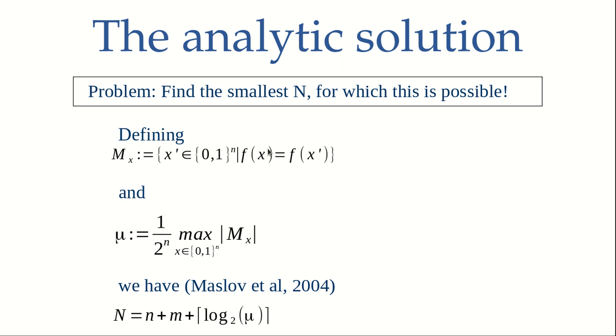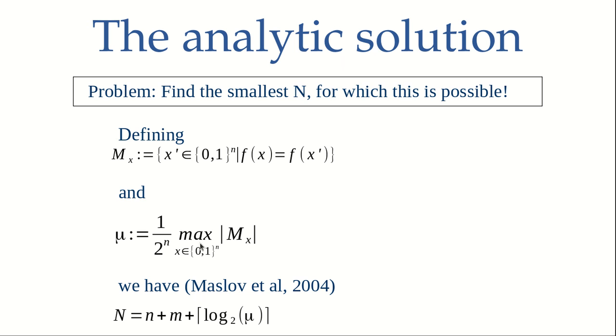So for each input pattern x, we define this subset of the input space as m of x, and then we define the quantity mu as the size of the largest of those sets m of x divided by 2 to the n. Now 2 to the n is the number of all possible input patterns, because we are working on an n-bit input space.